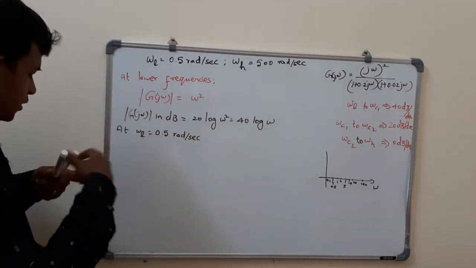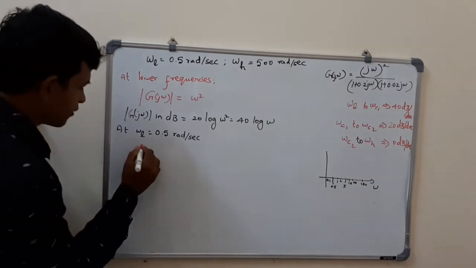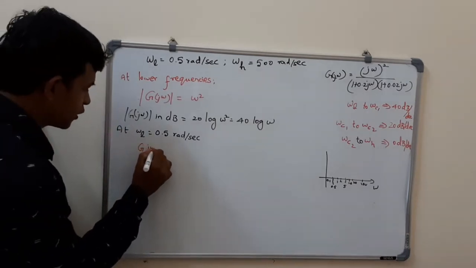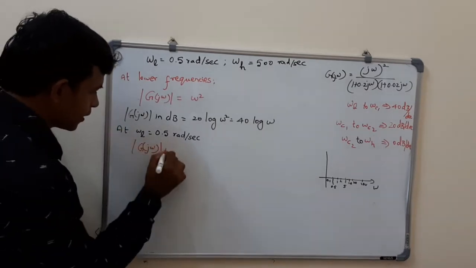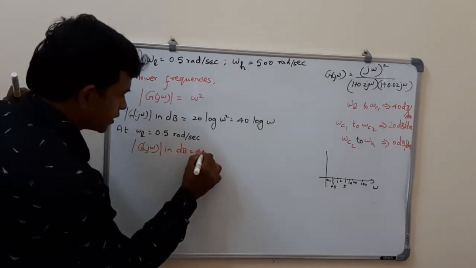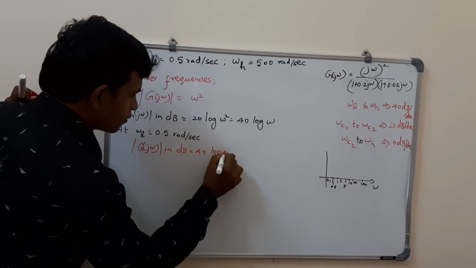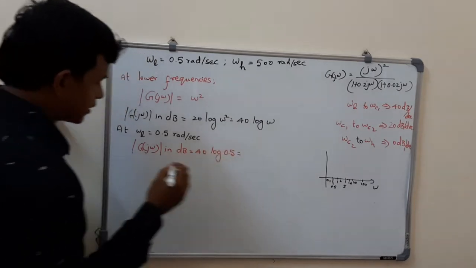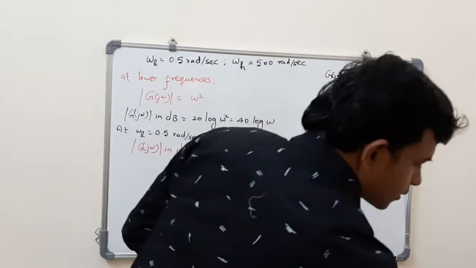omega L equal to 0.5 radians per second, because we have chosen 0.5 radians per second. So at this point, G of j omega in dB is given by the magnitude in dB. G of j omega in decibel is given by 40 log of 0.5.